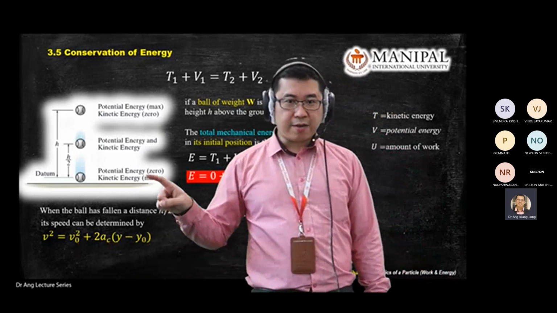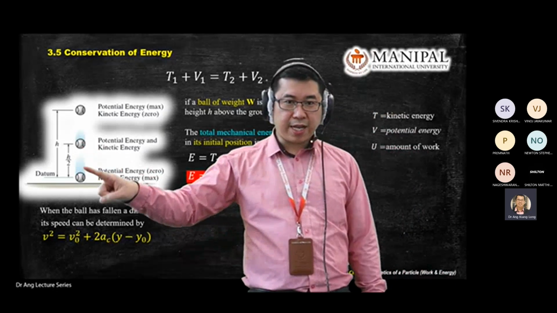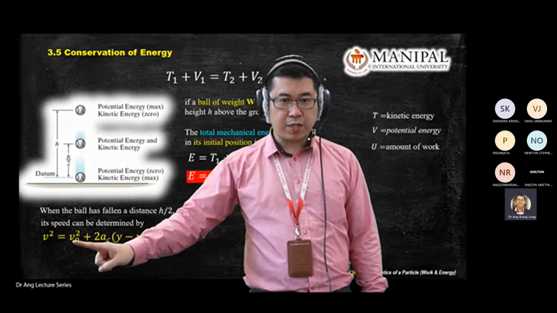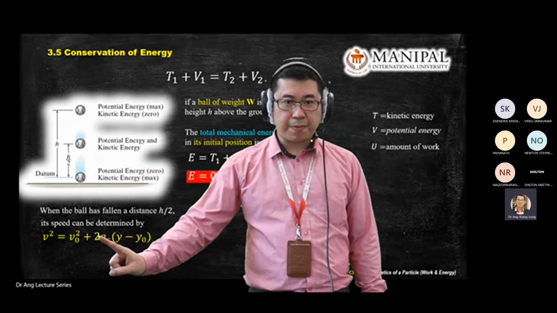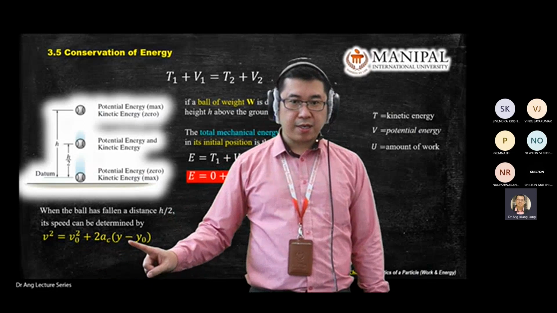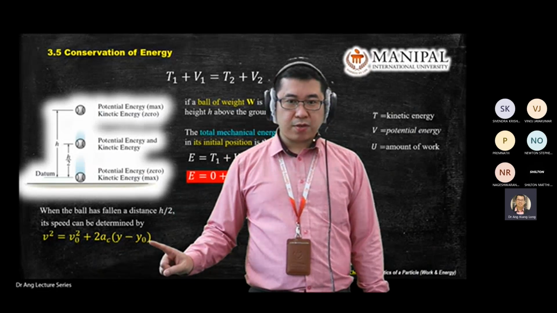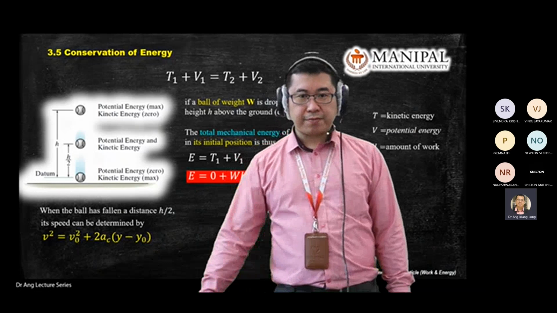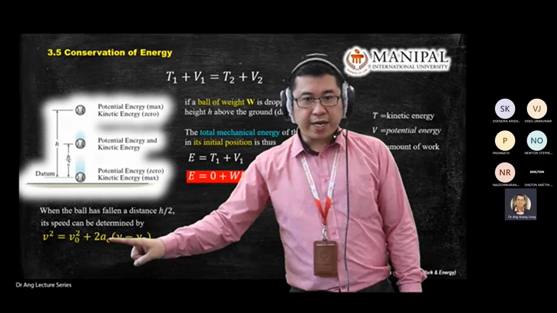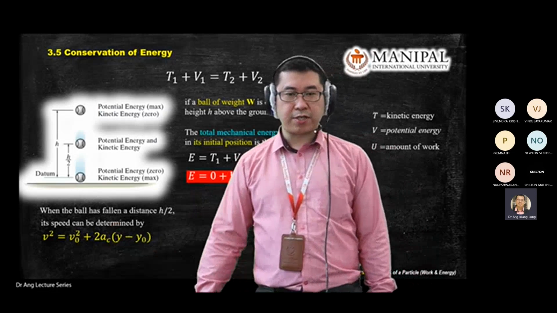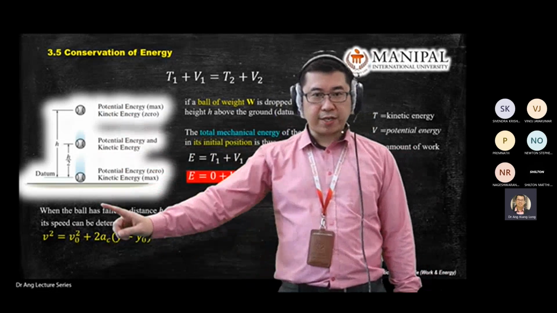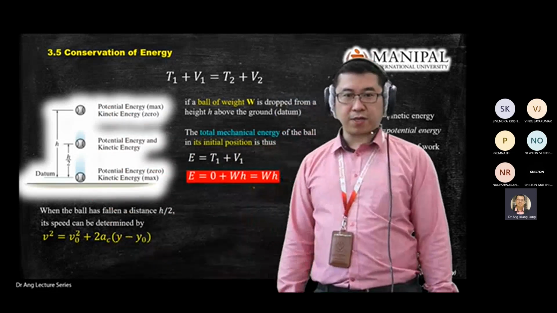So to find the velocity here, which is half of the h, you use this equation: V square equals V naught square plus 2a(y minus initial y). Again, when can you use this equation? Only when you have a constant acceleration. When there's a change of acceleration, this equation doesn't work.